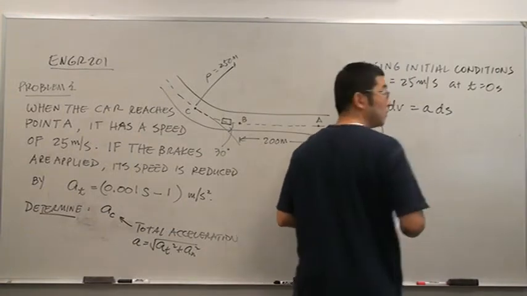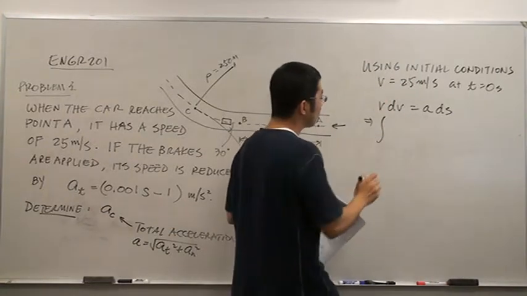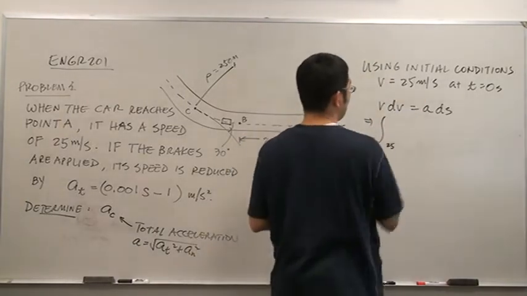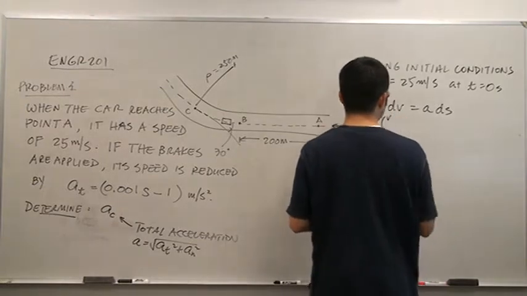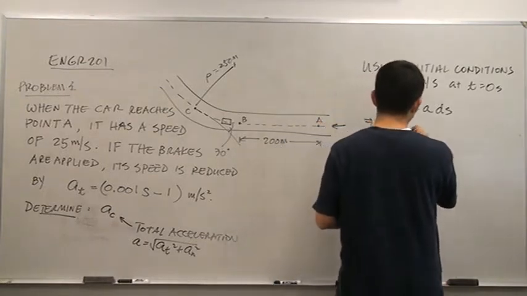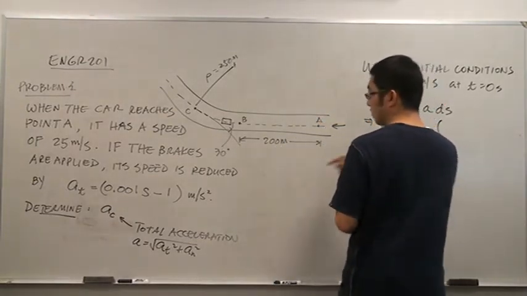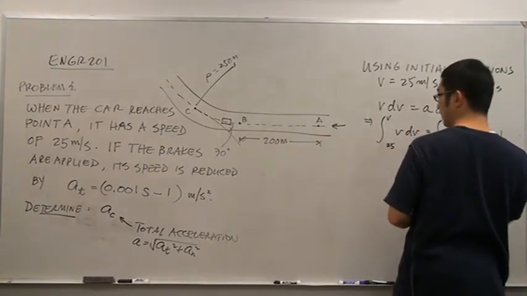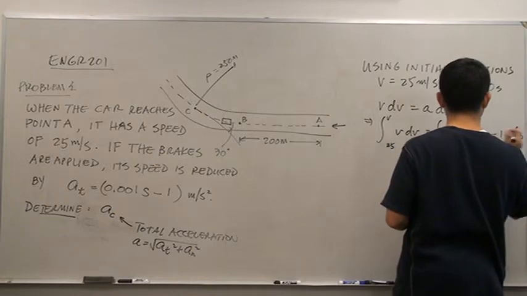So v dv, right? So v goes from 25, you start from 25, and you go to some velocity. And a, as we know, is 0.001 s minus 1, and this is ds.